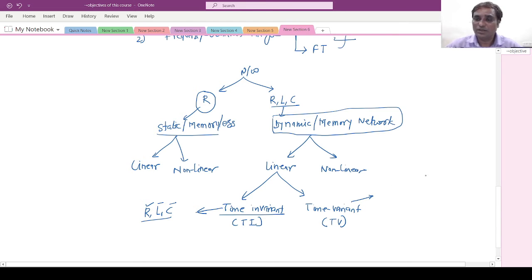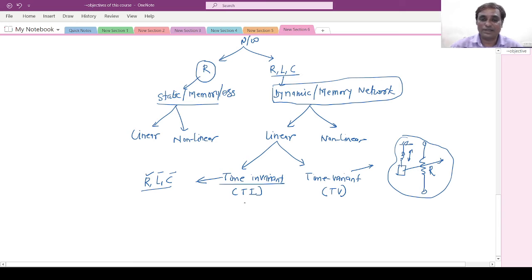For example, suppose I have a variable resistor that I am varying with a mass spring system like this. If I attach it and it moves up and down, the value of R will change. In this situation, your network will not be time invariant, but a time variant network.